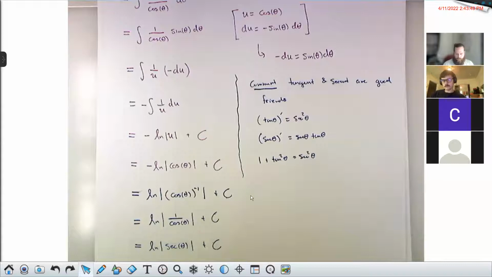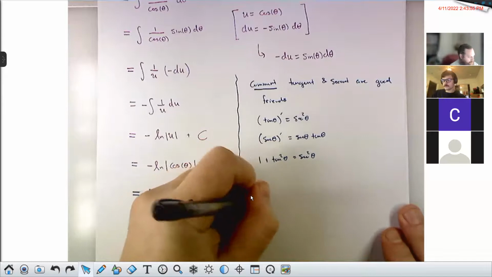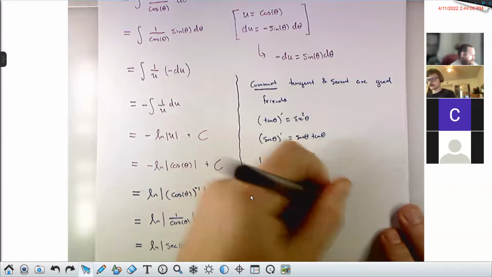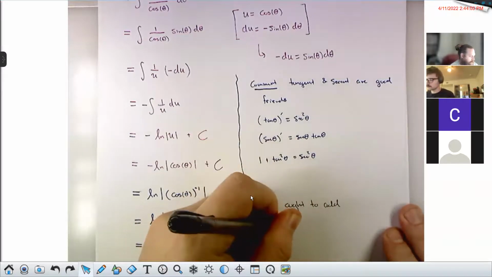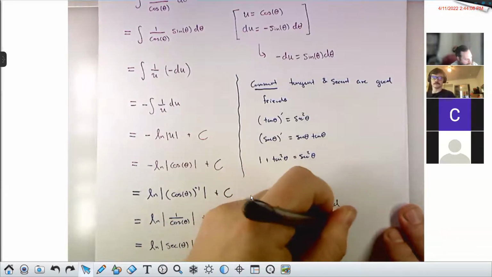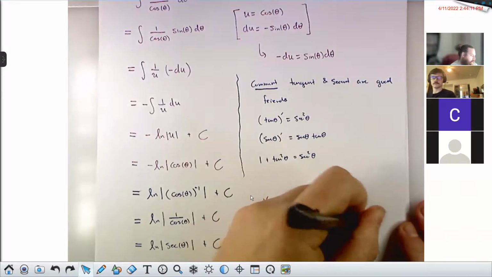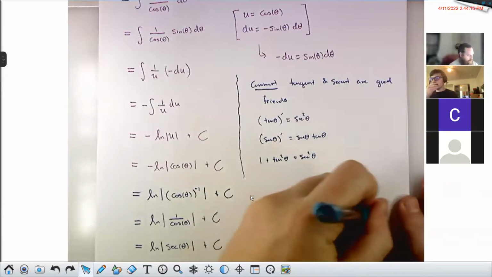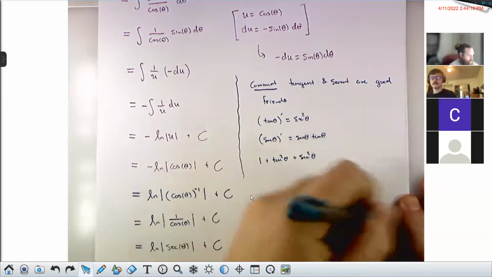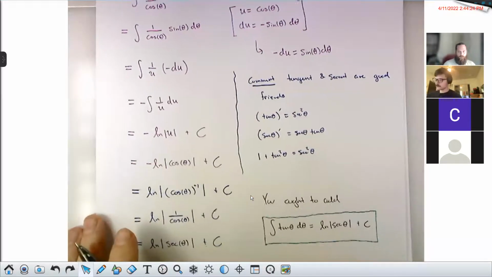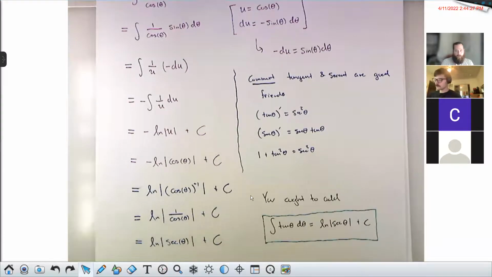I would go as far as to say you should memorize this. This is something you should know. You ought to add integral of tan theta d theta equals ln absolute value of secant theta plus c to your list of known antiderivatives. It will save you time. One of our goals is to get to a place where, like right now, you know the derivative of all 6 trig functions.